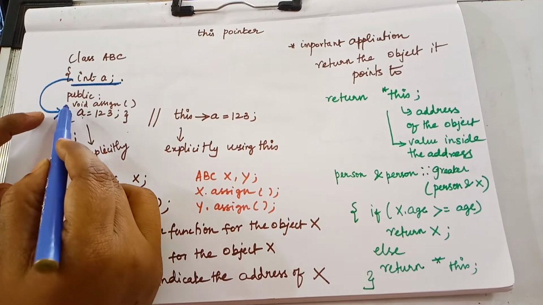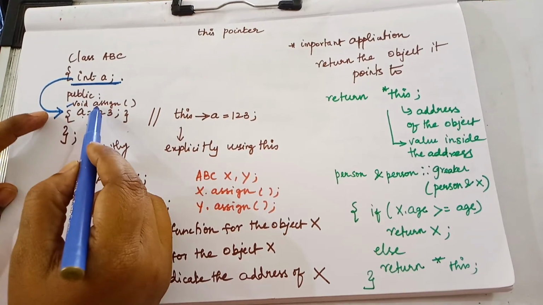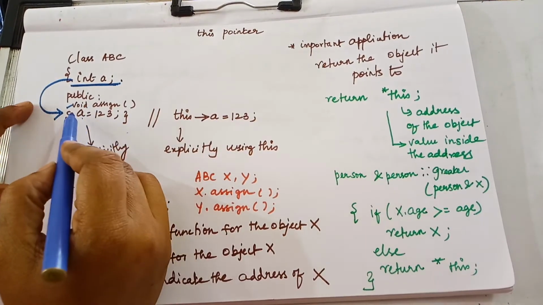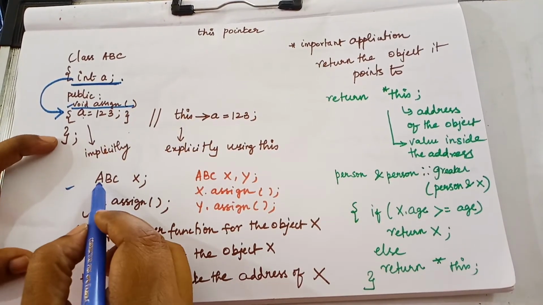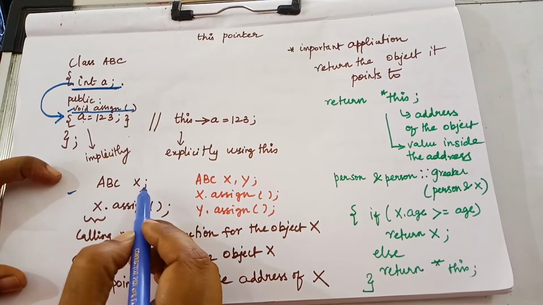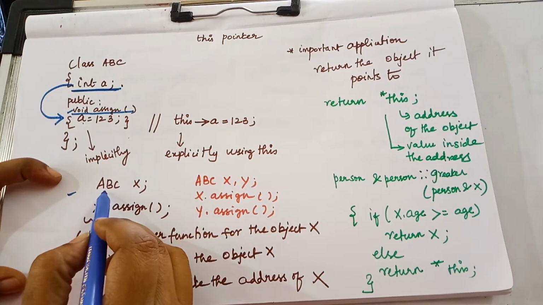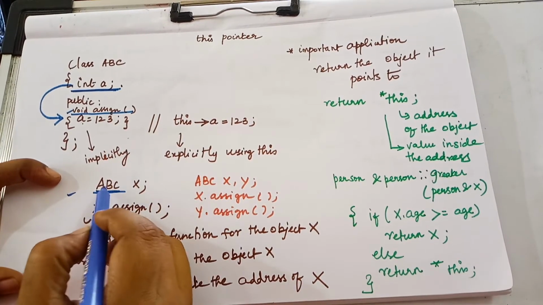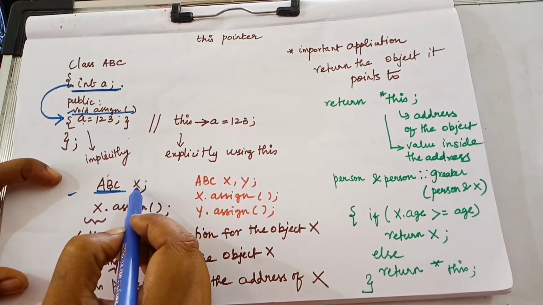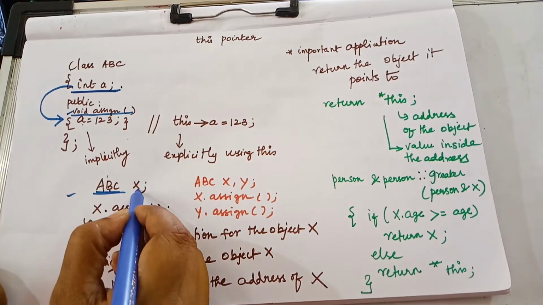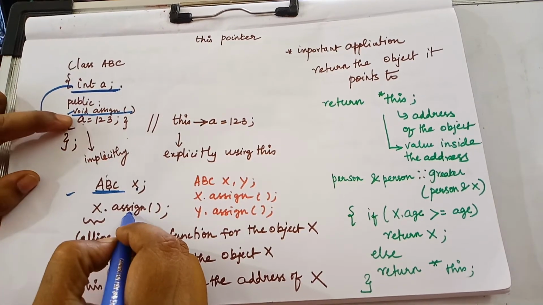I can call this member function for different objects. For example, in my main program, I am creating an object for the data type ABC. ABC is a data type. For this data type, I am creating one instance, that is object x. And for this x, I am calling the member function.